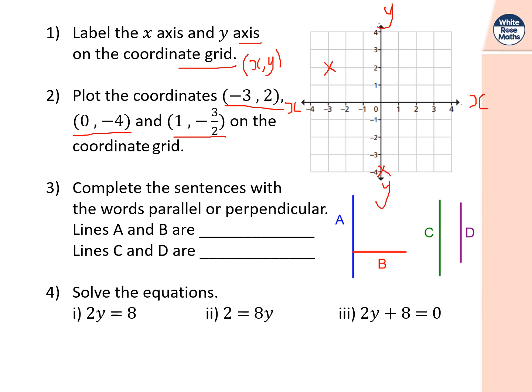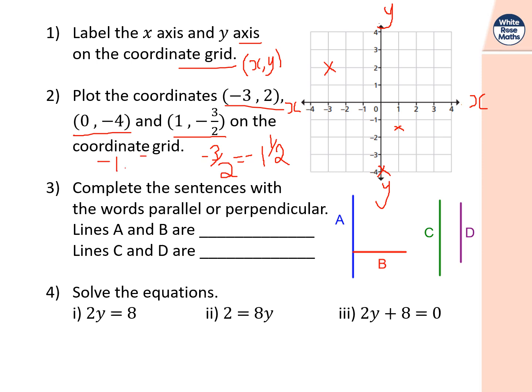And then this next one, 1 and -3/2. So it's 1 across, and then -3/2 is -1.5, which is smack bang in the middle between -1 and -2. Remember that -3/2 can be written as -1.5 as a mixed number, or -1.5.